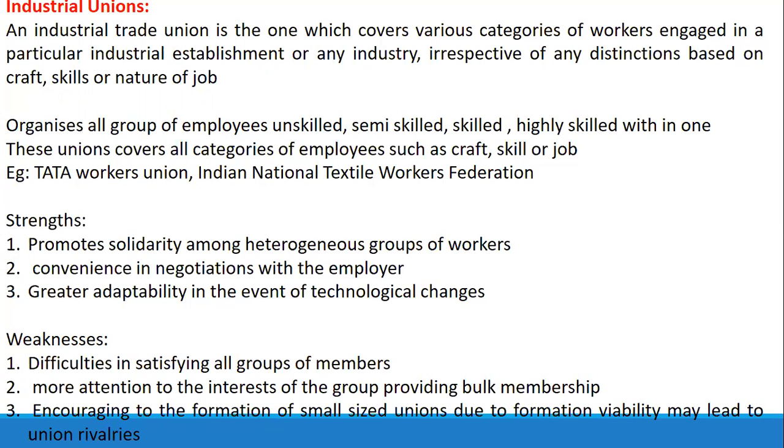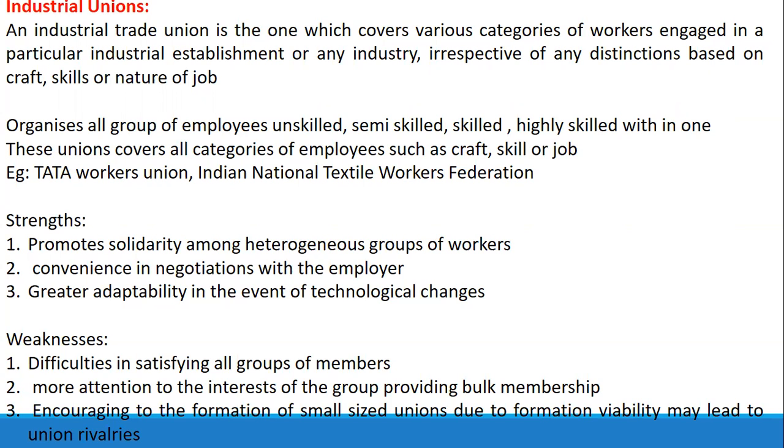To be a member of this union, they need not be doing the same type of job. People may be coming from any craft, any skill, or any type of job.